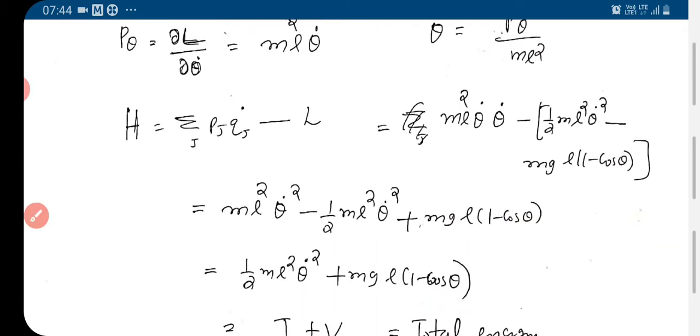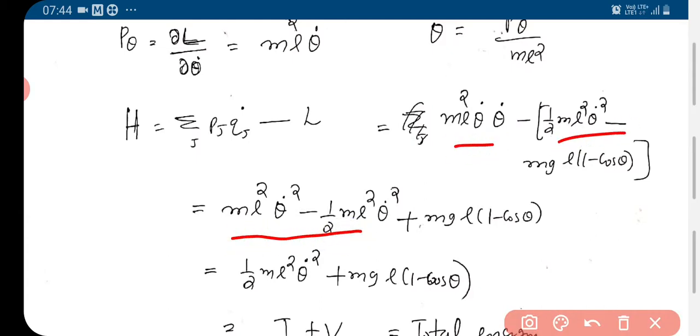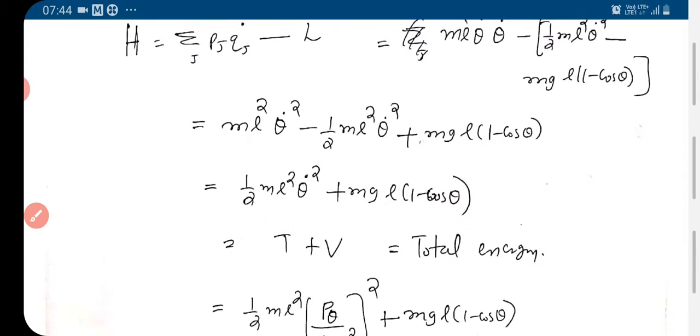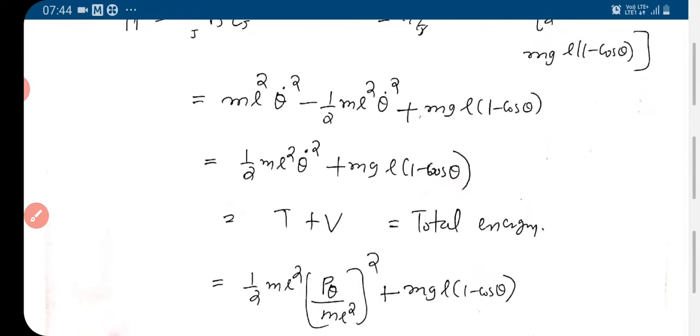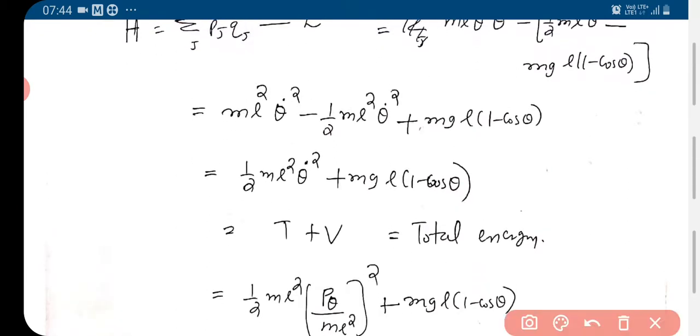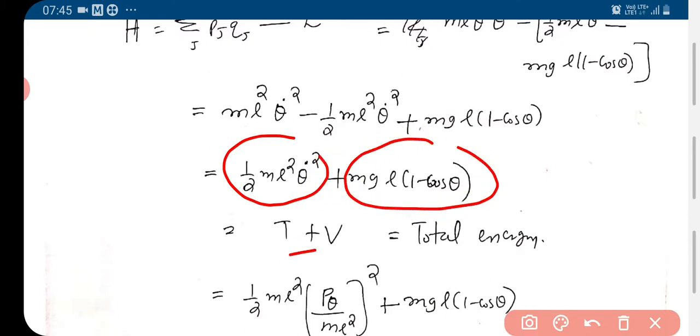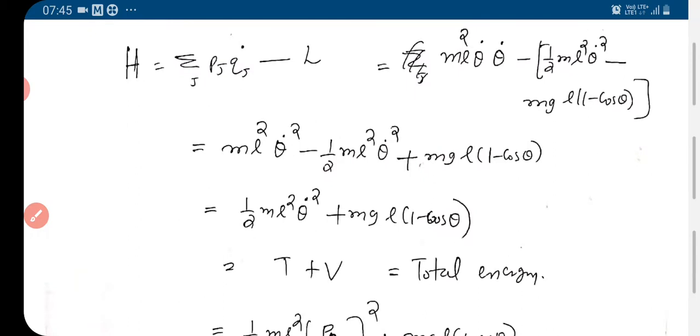When you combine these, you have half ml square theta dot square plus mgl(1 minus cos theta), and this is clearly the total energy, because this is the expression for kinetic energy and this is for potential energy. So T plus V, that's the total energy. We know for conservative systems, the Hamiltonian is the total energy of the system.